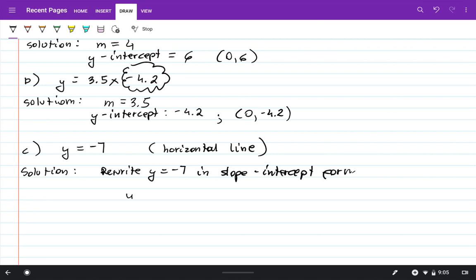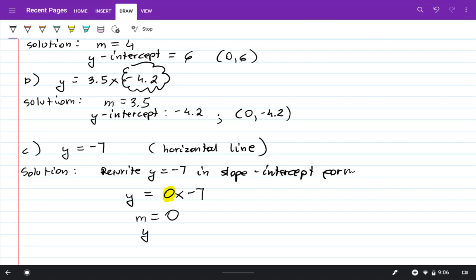Since we don't have x, that means in front of x you can put 0, because 0 times x will give you 0, so we have 0x minus 7. So those two equations are equivalent, they are exactly the same, but here you quickly see that the slope is equal 0. That's the coefficient in front of x. Since there's no x, slope has to be equal 0.